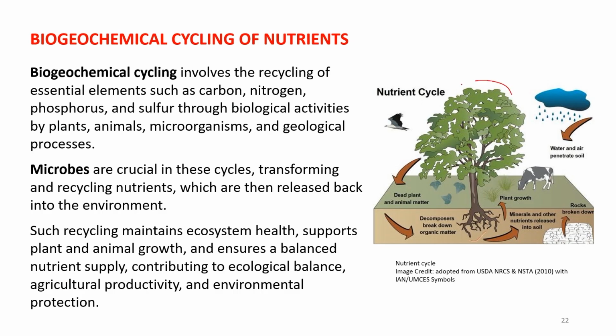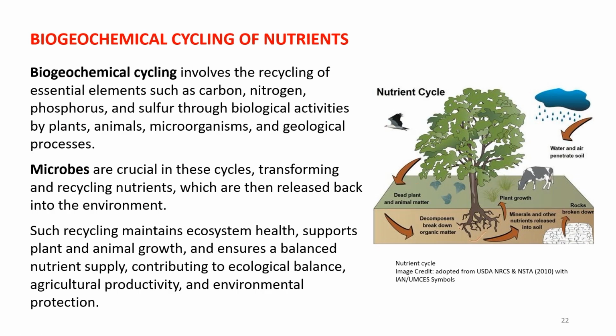So, for example, here this is a tree. The leaves are dropped, and also sometimes the tree is dead or it falls down due to storm or wind conditions, and also animals die. So, we have the dead plant and animal matter.